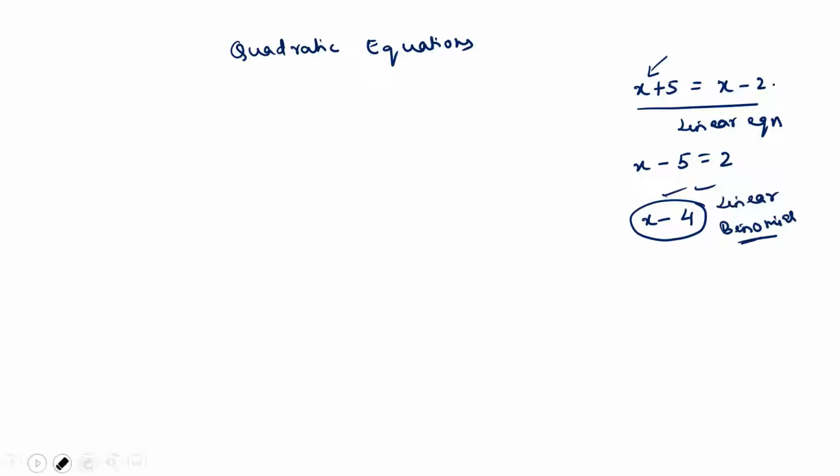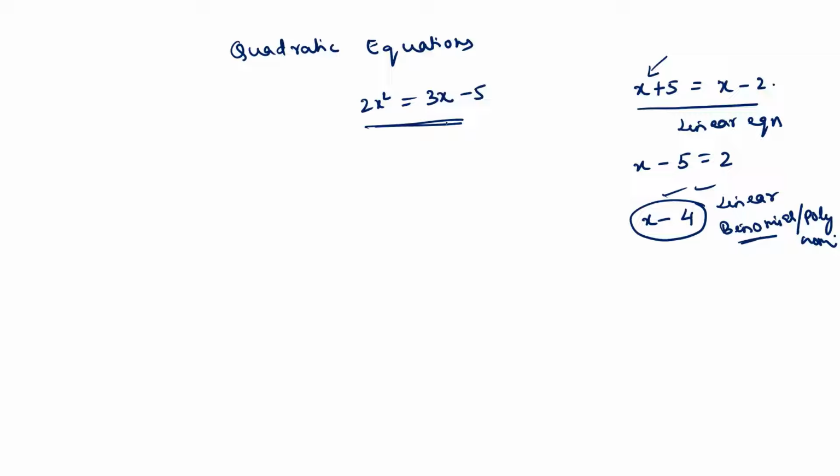Similarly, suppose we have a variable and the highest power of the variable is 2. This is a quadratic equation, but it is not in standard form, isn't it?